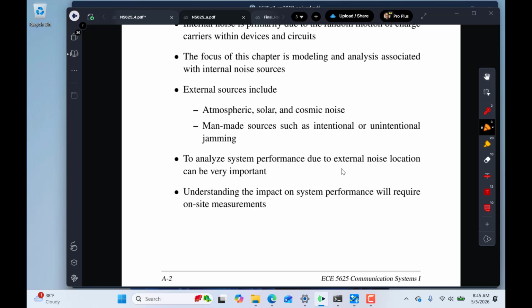So modeling with external noise is very important. Every radio system I've worked on always has a link budget, and SATCOM in particular. They want to know how much power they have to put out from the transmitter in space when it's running on a solar battery pack to get a signal down to Earth.